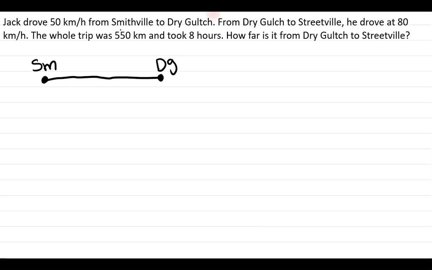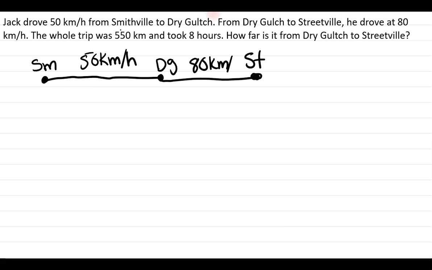And from Smithville to Dry Gulch, Jack drove 50 kilometers per hour. But from Dry Gulch to Streetville, which we'll represent by ST, he drove at 80 kilometers per hour.